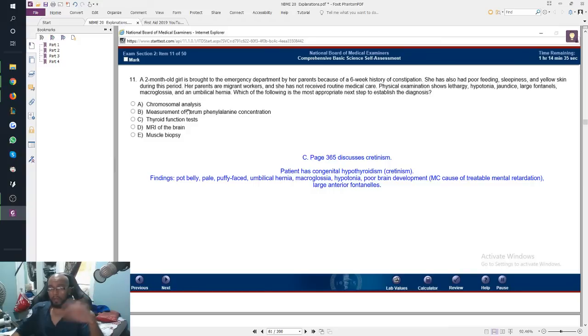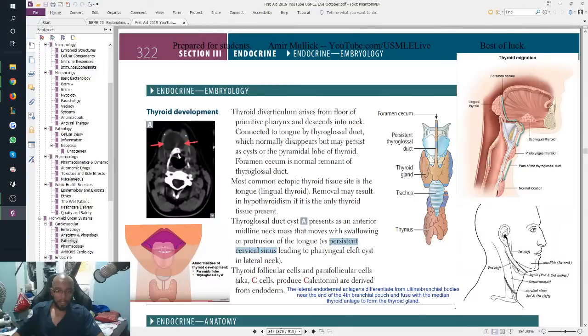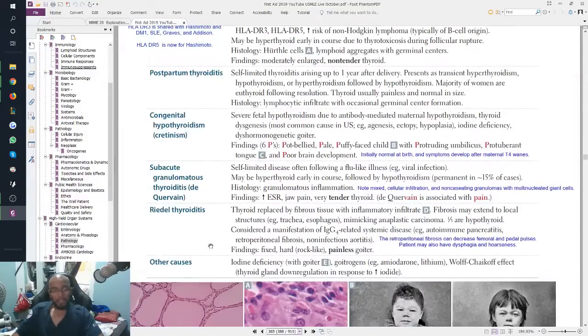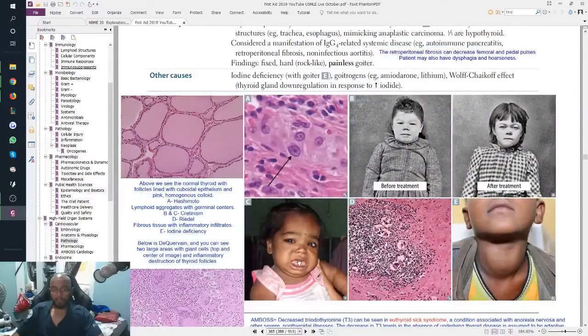And you have to remember all the things they describe, right? The 6 P's of cretinism: potbelly, pale, puffy faced, the protuberant tongue, all of those things they have. Page 365. We can go take a look at it. So this is the picture for it, right?